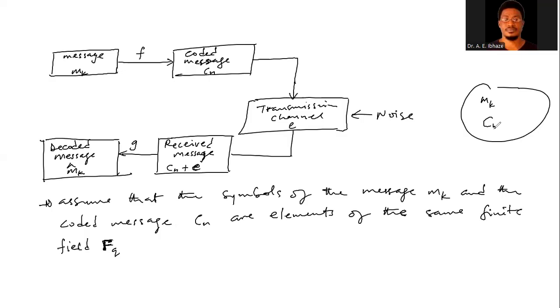Because this information is going to tell us the possible combinations of these symbols. So that when we receive this at the receiving end, we are going to map it with the possible combinations in this finite field to see if this combination exists. If it does not exist, then we know what was received has been corrupted.